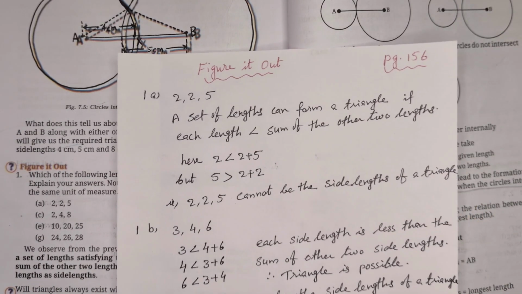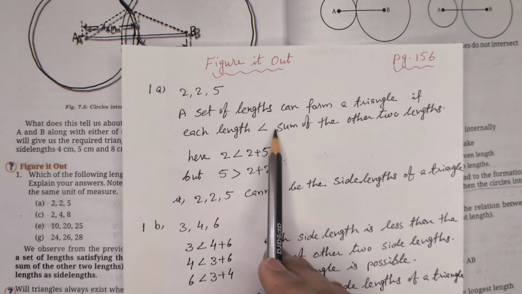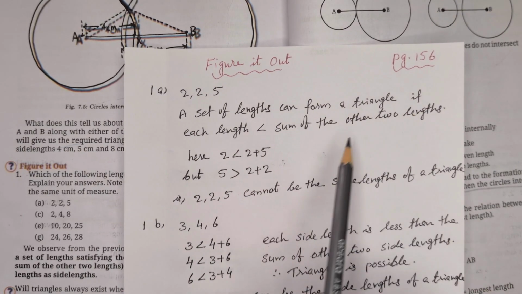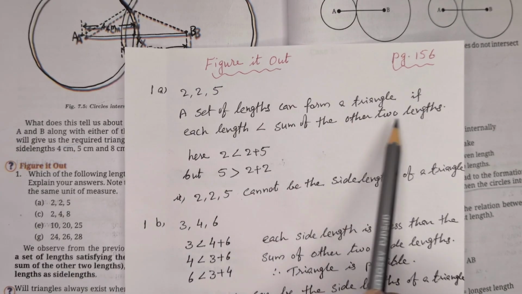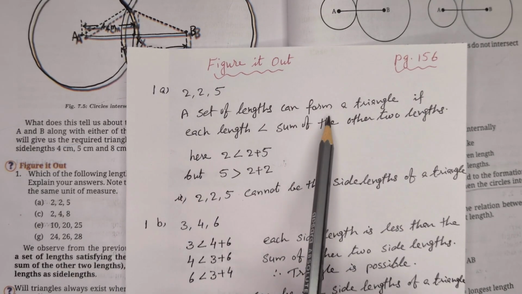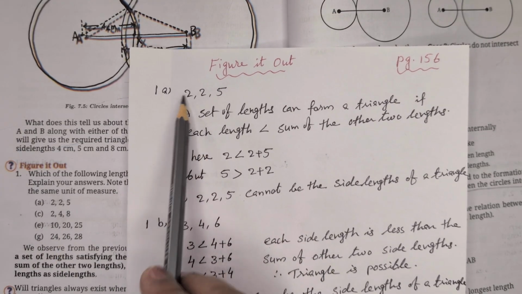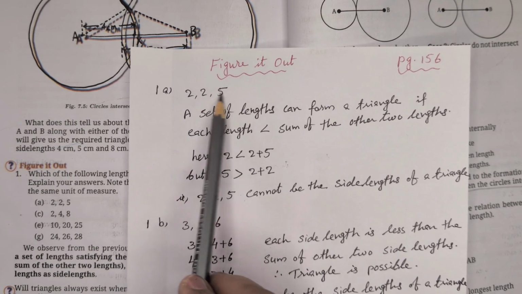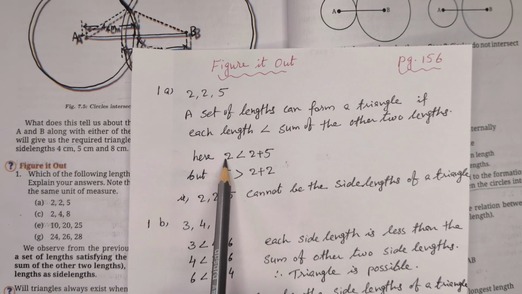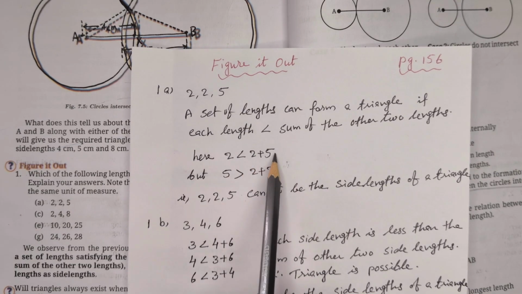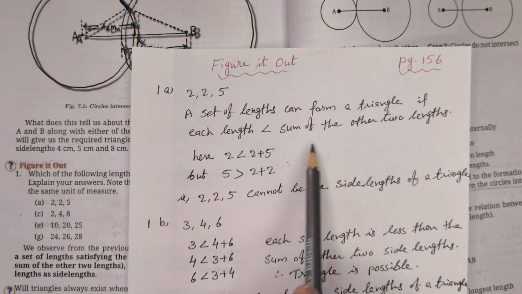First one here, 2, 2, 5. A set of lengths can form a triangle only if each length is less than the sum of the other 2 lengths. This is the condition. First we are taking 2 here. The other numbers 2 and 5. 2 plus 5. So the first direct length is less than the sum. This case okay.